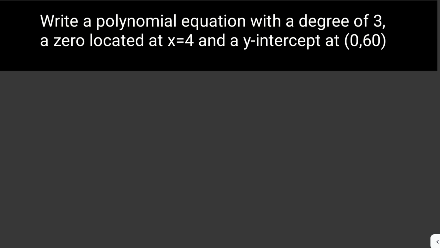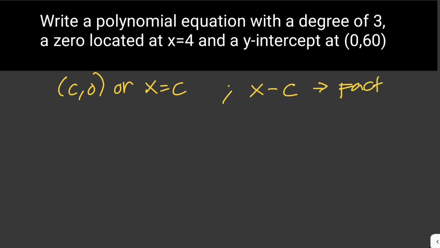recall or take note that for all x-intercepts written as (c, 0), or x equals c, the polynomial equation has the factor x minus c.